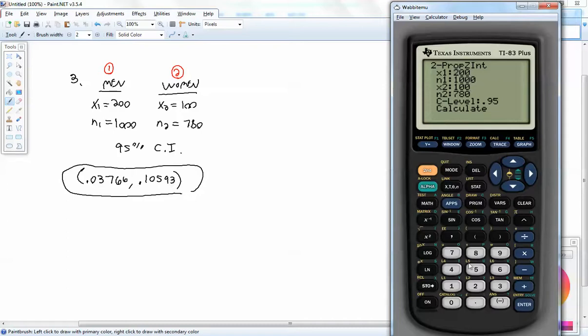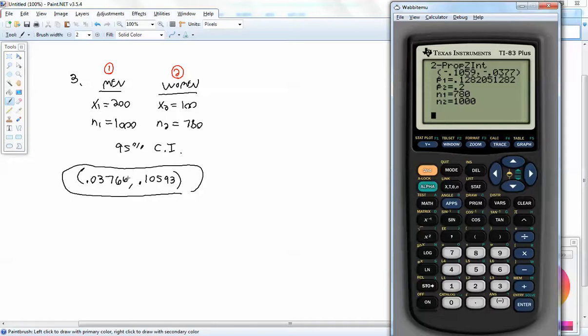So I got 100 and 780. Then I got 200 and 1000. And it's still 0.95, and then Calculate. I notice we come up with negative values here. So again, it does make a difference, the order.